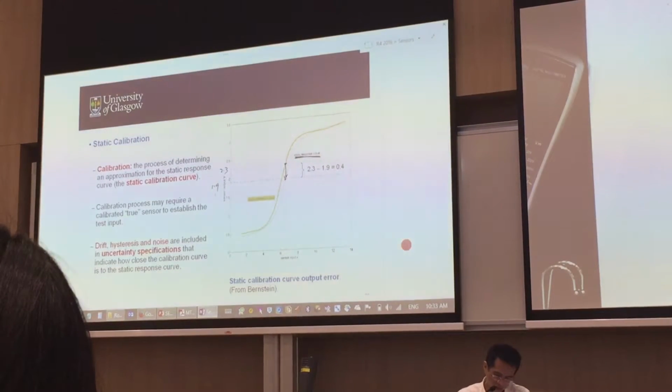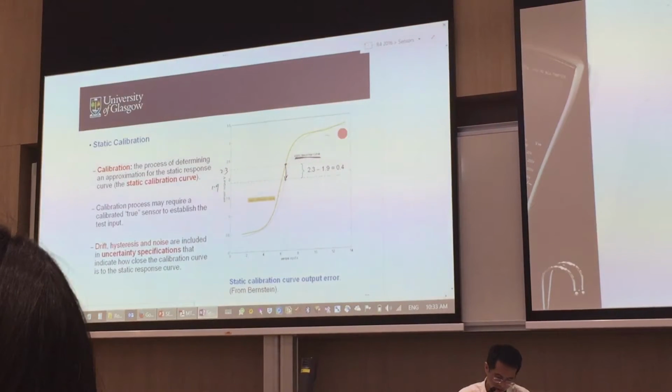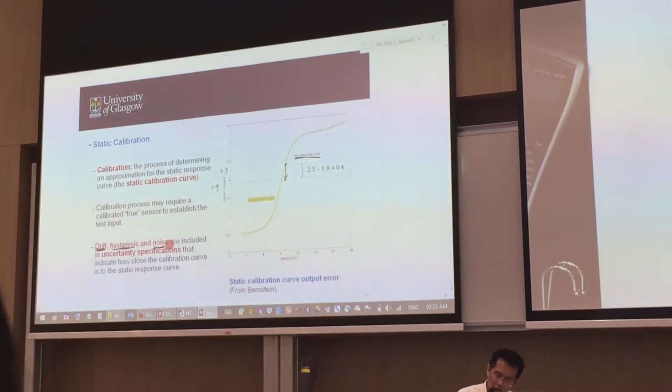So what are the things that cause this static calibration curve to be at that position? There are a few things: drift, hysteresis, noise. They will all contribute to the uncertainty of your instrument. So it's important to know them so that you can then calibrate your instrument to behave as the static response curve.